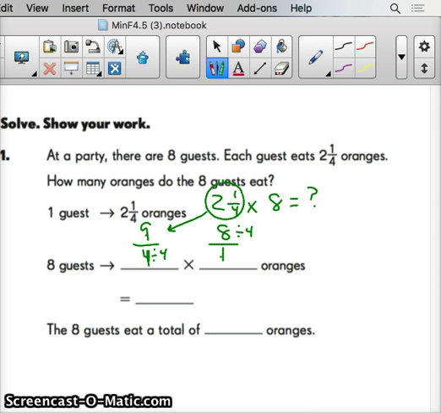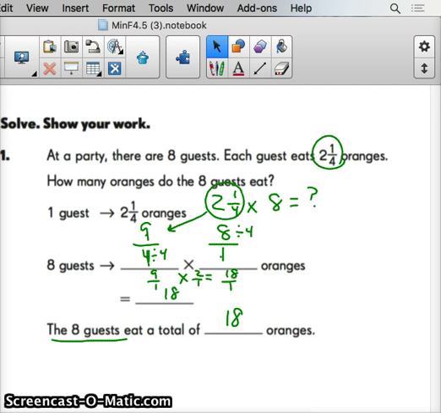My fraction now is going to be 9/1 times 2/1, which gives me 18/1. So my answer is 18, or each guest, for 8 of them, I need to have 18 oranges for every guest to have 2 1/4.